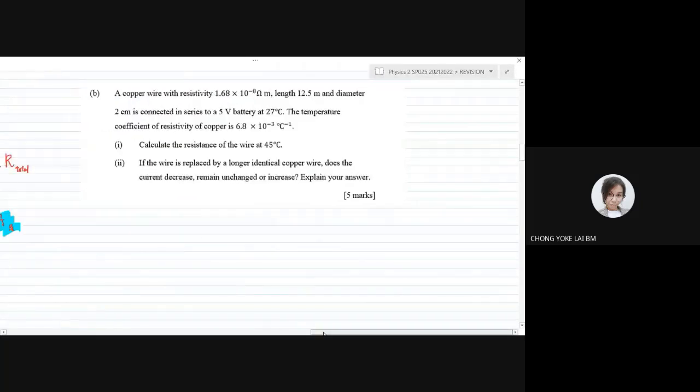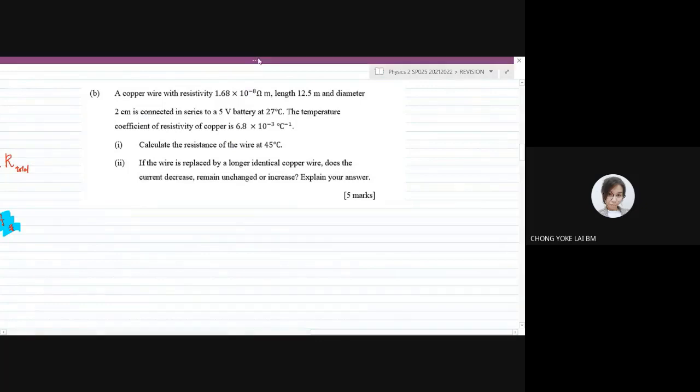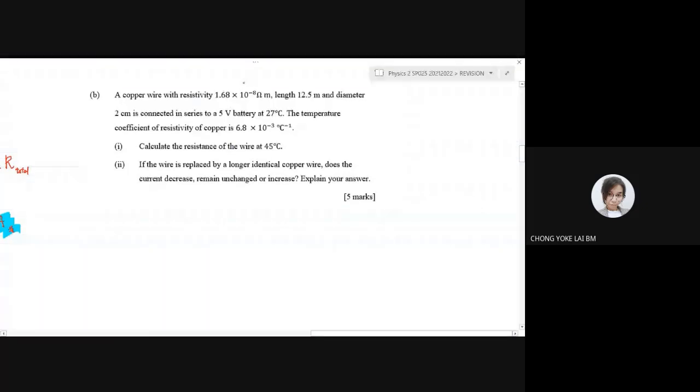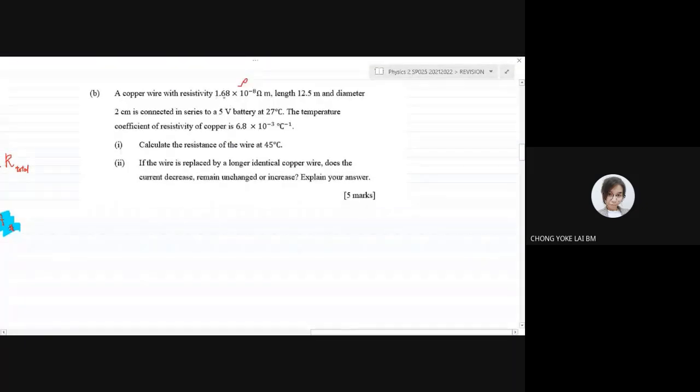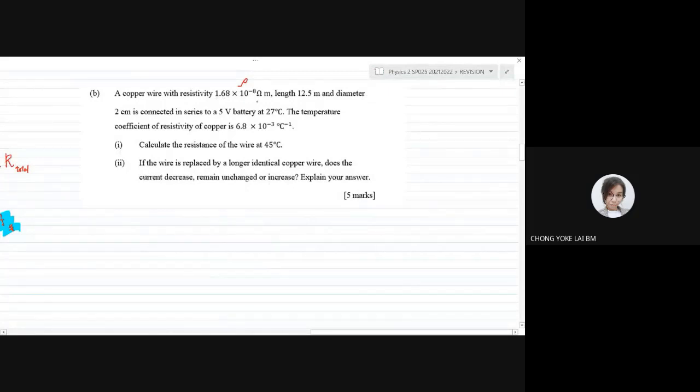A copper wire with resistivity. Okay, terus letakkan simbol dia. Rho 1.68 times 10 to the power of negative 8 ohm meter. So I have a wire. The resistivity is 1.68 times 10 to the power of negative 8 ohm meter.